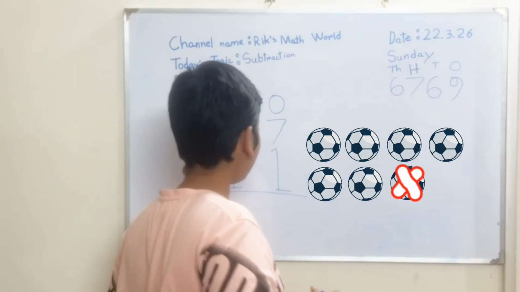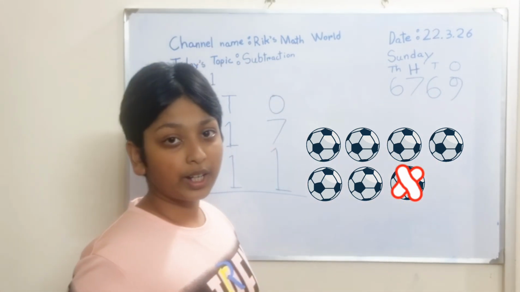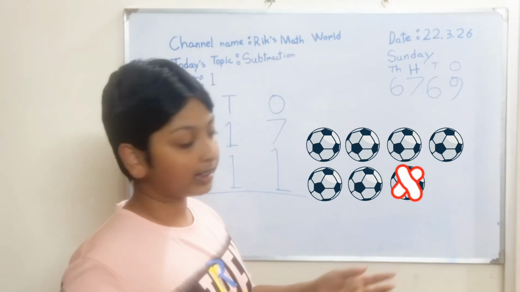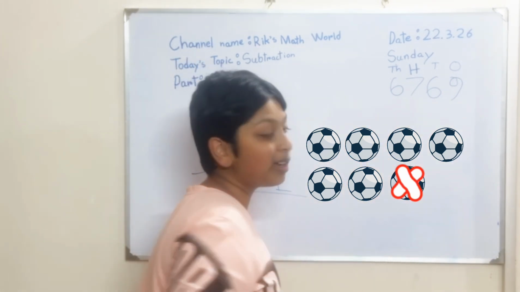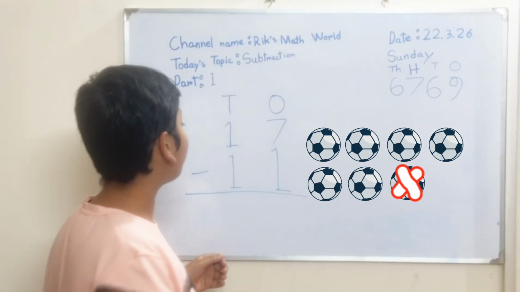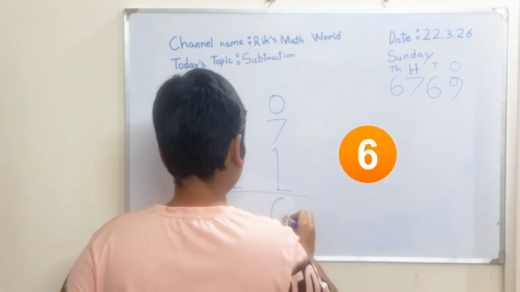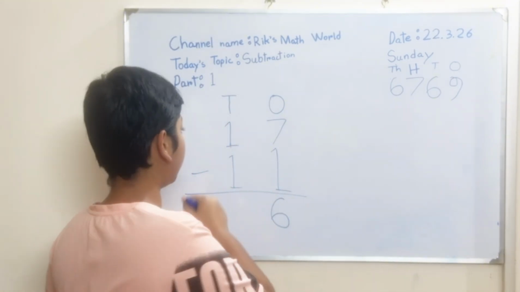So you gave one to your best friend. How many remain? Let's now count. 1, 2, 3, 4, 5, 6. We have 6 footballs remaining. So we will write here 6. Just like that, we got the answer of the ones place.